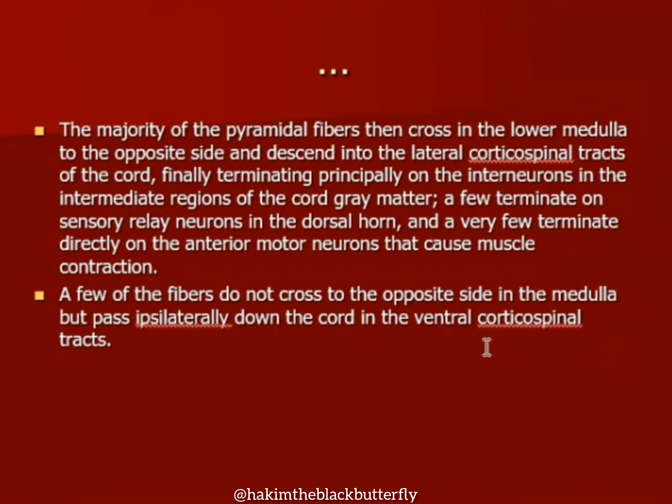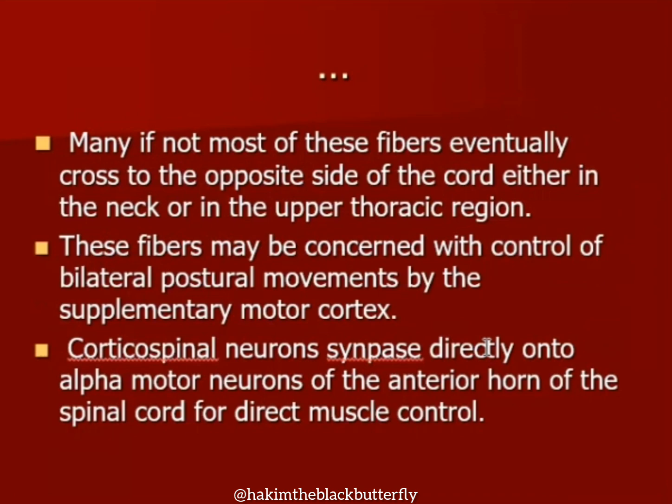When they reach the spinal cord, they will synapse with an interneuron, which will transmit impulses to the opposite side and to the same side. And here I say that those which remain on the same side, that is the anterior corticospinal tract, many of them will eventually cross to the opposite side when they reach the spinal cord.